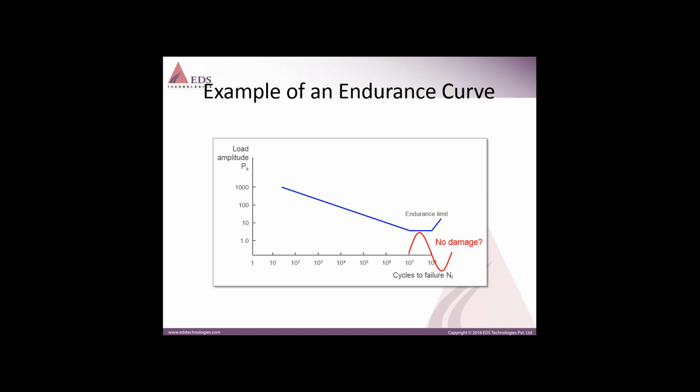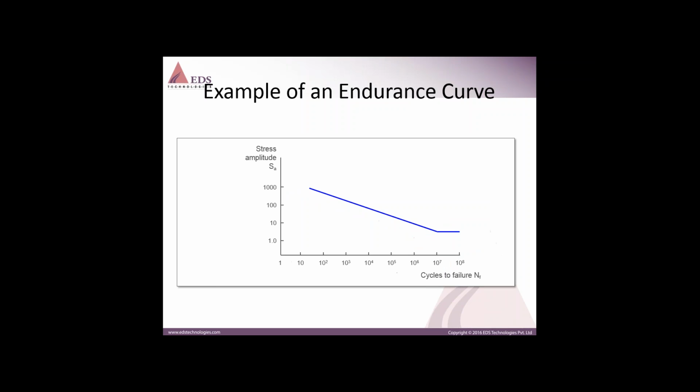It is not strictly true, but let us consider for the time being that this thesis holds good. And we can also consider that infinite life is 10 power 7 cycles in our case.